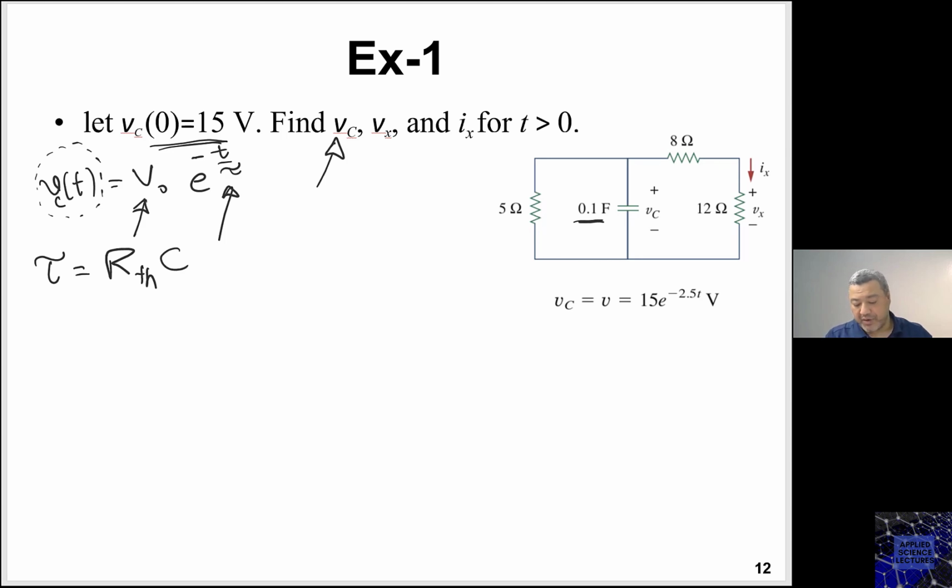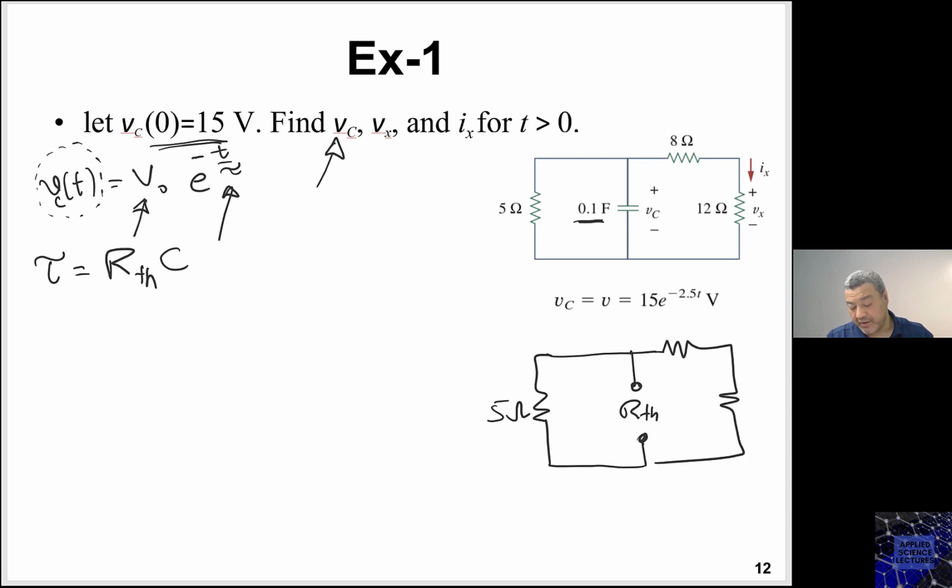So I will redraw my circuit here and I will remove the capacitor. 5 in parallel with 20, that's correct. So I will redraw my circuit and remove the capacitor and find the R Thevenin between those two nodes. And now my resistive circuit that I would like to find the R Thevenin across is the following.